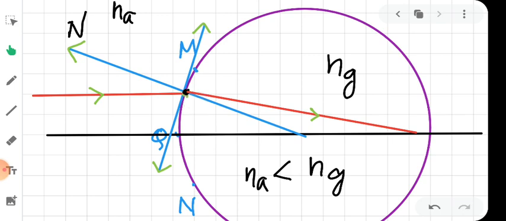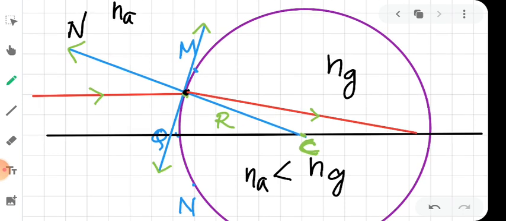It is the radius. So the normal when extended into the medium is in fact the radius, which means it should end up at the center, and that center is the center of curvature of the interface MQN. So any normal on this interface, let me just highlight the interface.